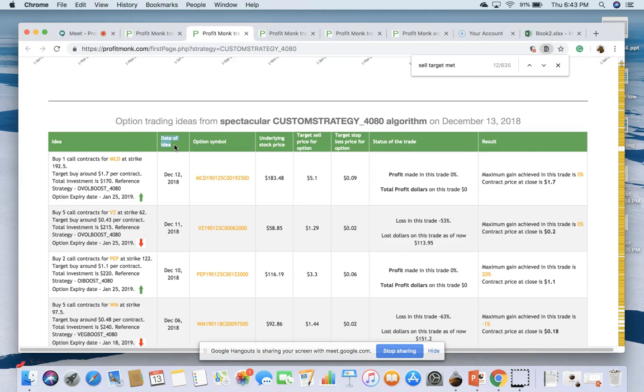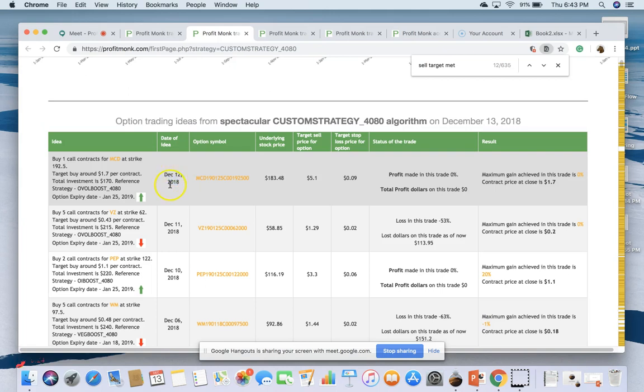So the process that we follow, Frank, is, let's say this was yesterday, right? The idea date was yesterday, and basically you try to get a fill on the next day, and it didn't happen today because MCD for some reason just ran away from us today.